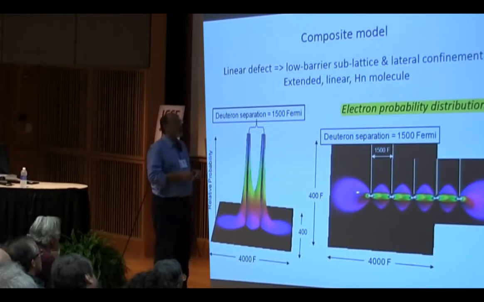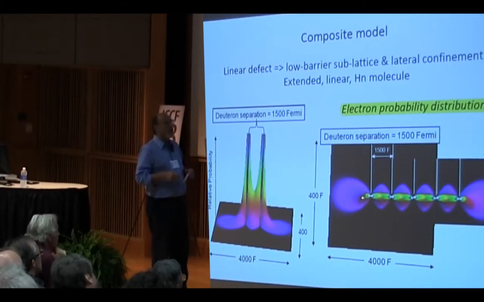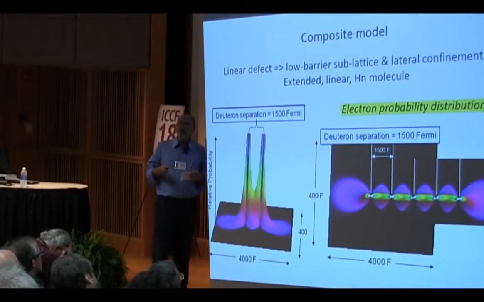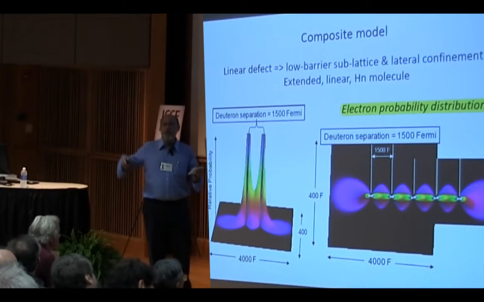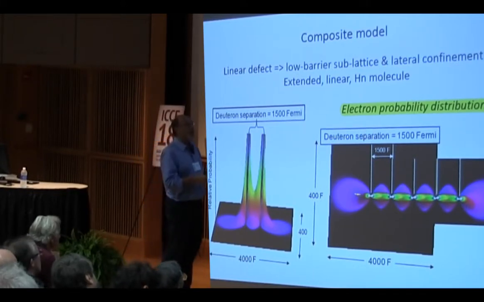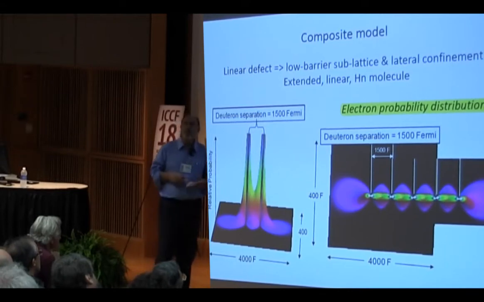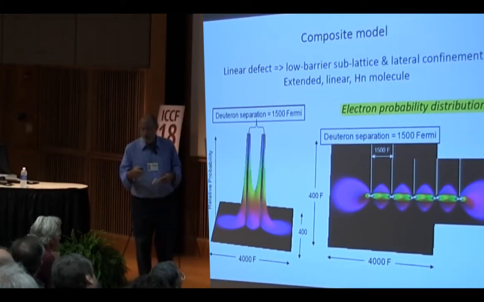But if you end up with a molecule like this, the electron motion is in this linear region. When the electron goes out of this region, it goes into this region. So you're not losing the electron. Every time you have an electron going out of the range, you have another one coming in. So you're able to maintain a high electron density between the nuclei.